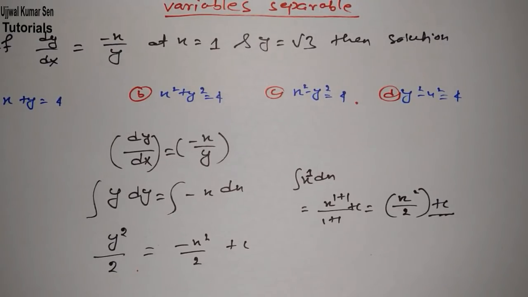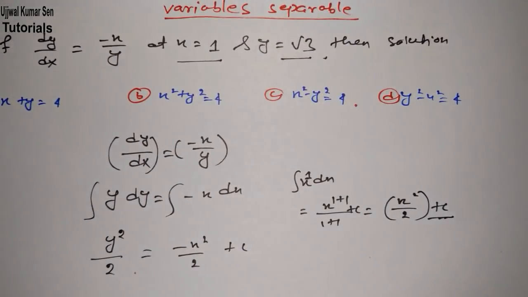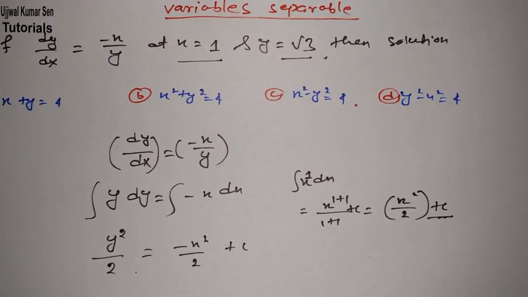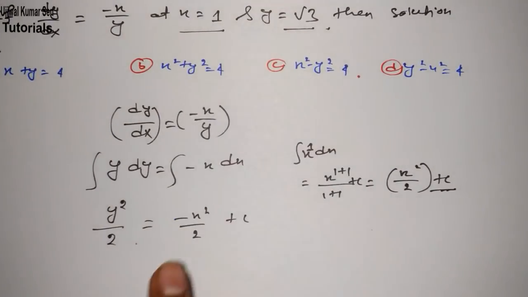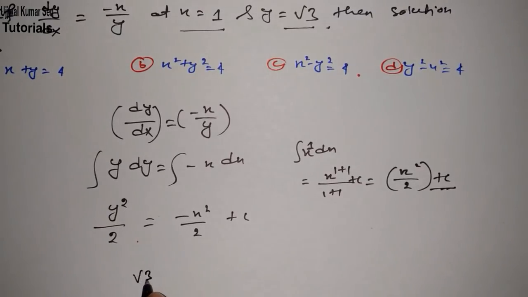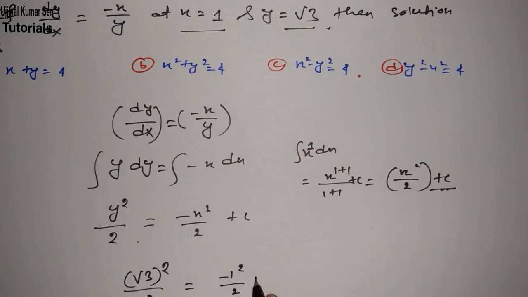Now the question is not over yet, because they have told us that x is equal to 1, y is equal to minus 3. Why have they given these values? To find the value of c. Just put these values in. We get minus 3 whole square divided by 2 is equal to minus 1 square by 2 plus c.